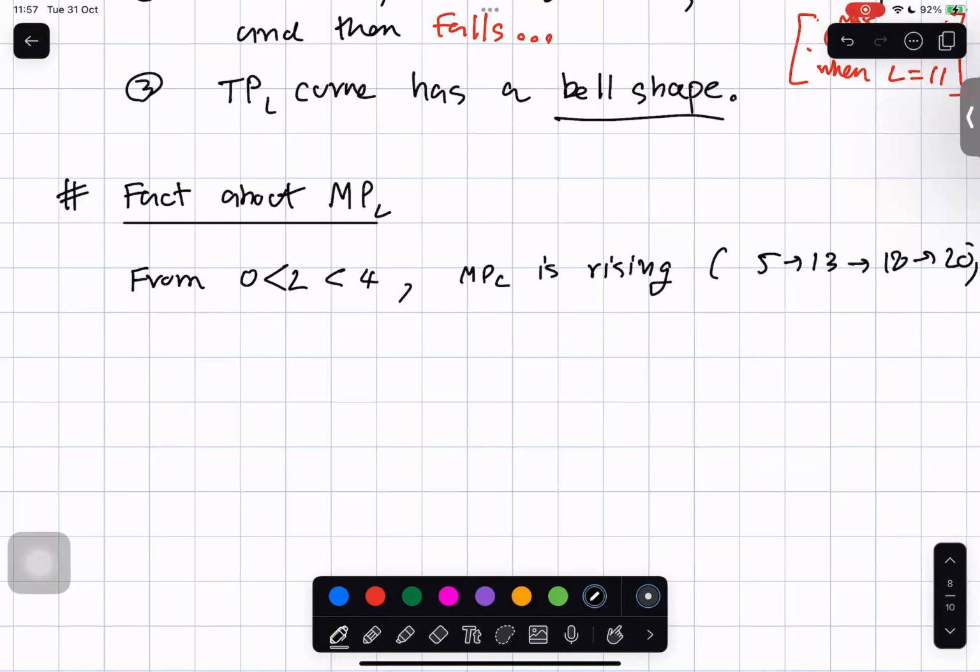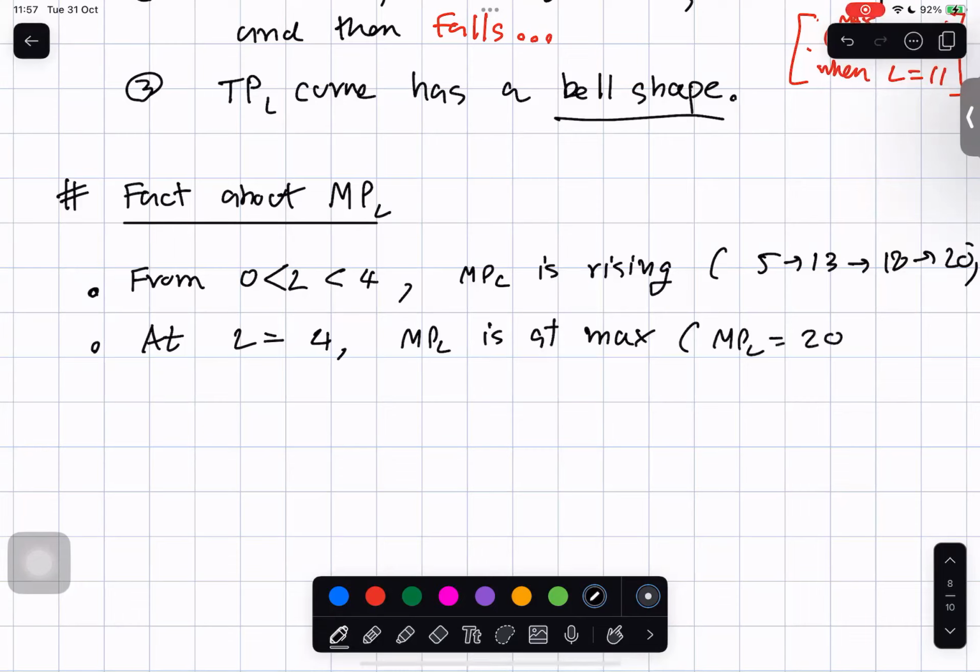This is rising MP. Look at the numbers. At L equal to 4, marginal product, it's at max. Extra cookie from adding Mr. 4 into the factory, it's the max, 20 extra cookies.